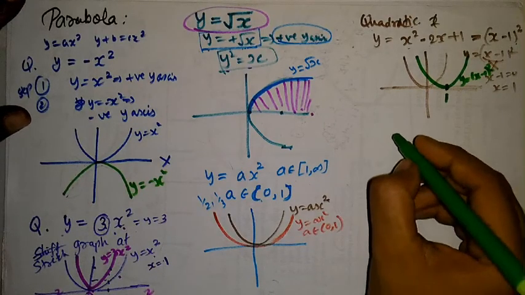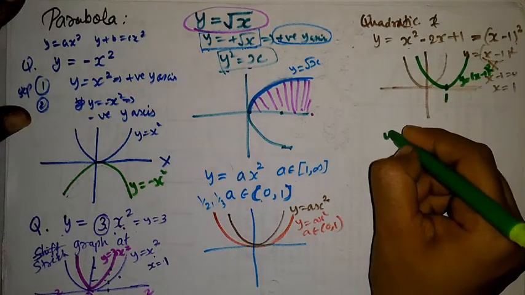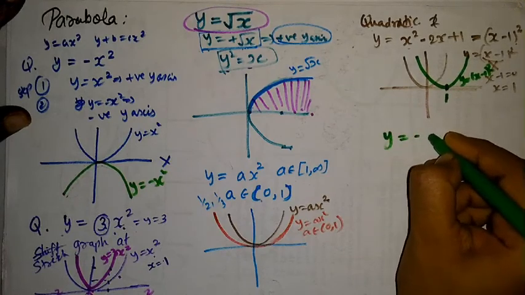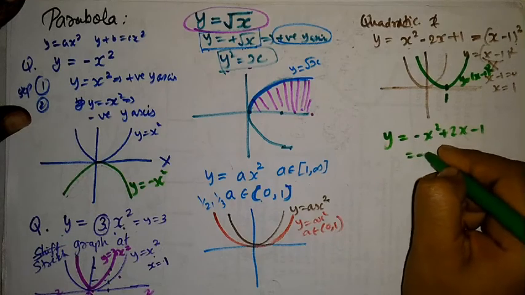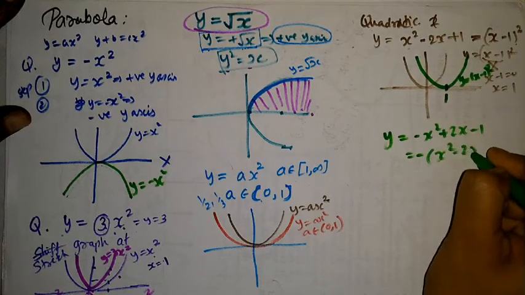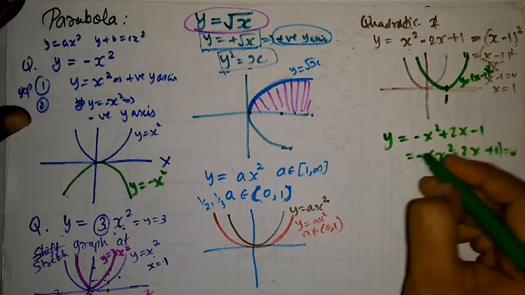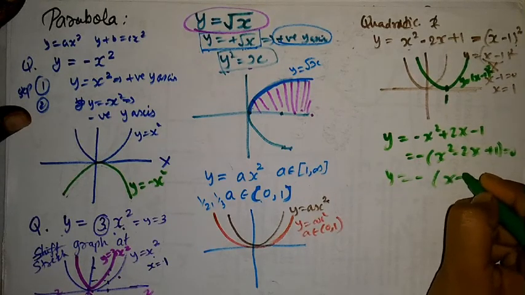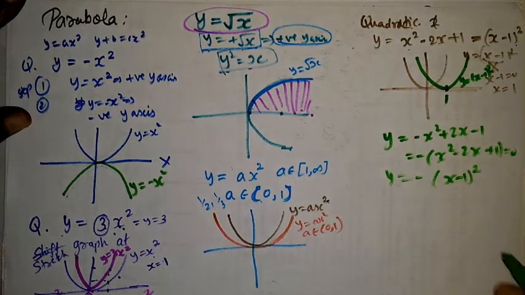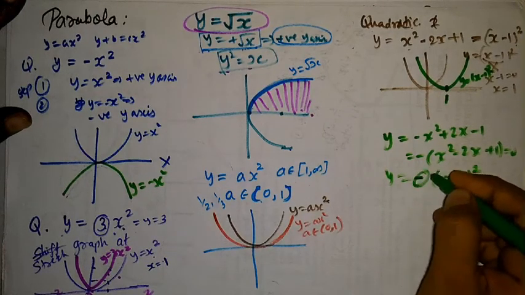And when the question is y is equal to minus x square plus 2x minus 1, then we can write this as y is equal to minus of x minus 1 whole square. So how to draw this graph? In this there is change of only negative sign.